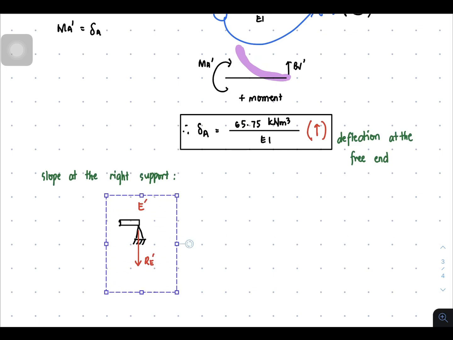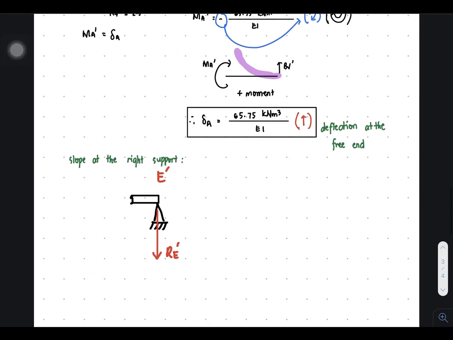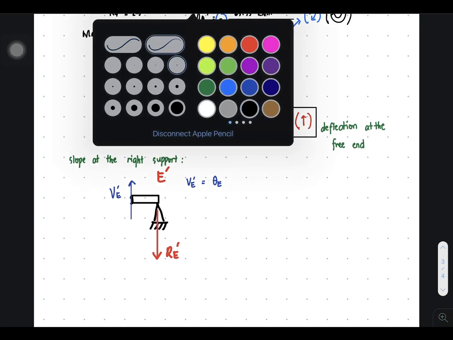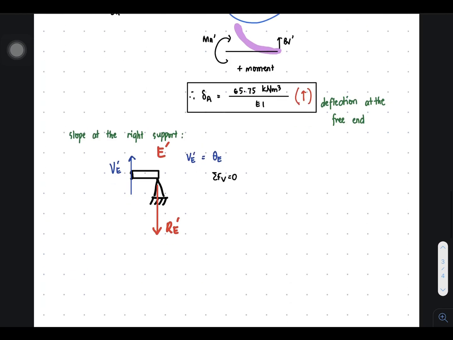Okay, and then parakan lang ako siya. Alright, so at that portion we have this shear at E prime, and this is downward, so I'll place upward. And again, VE prime in the conjugate beam is equal to the slope at E for the actual beam. And then summation of forces vertical equal to 0.